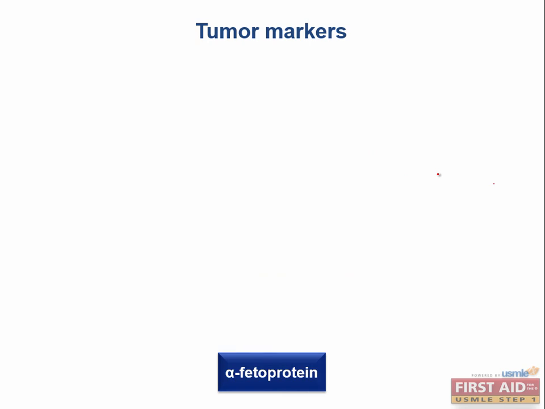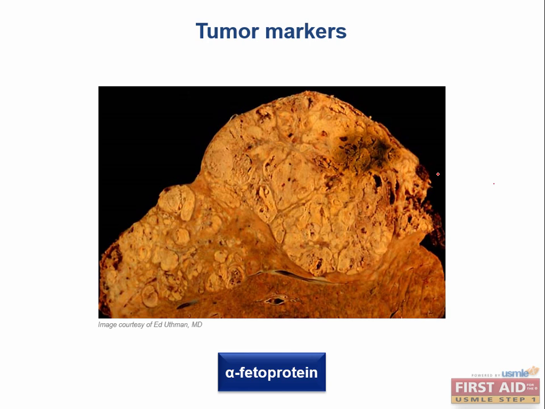Okay, good. Alpha fetoprotein. What about that one? Well, do you know where it's normally synthesized? The fetus, right? That's why it says feto, but it can be seen with hepatocellular carcinoma, and germ cell tumors of the testes and ovaries. Wow.